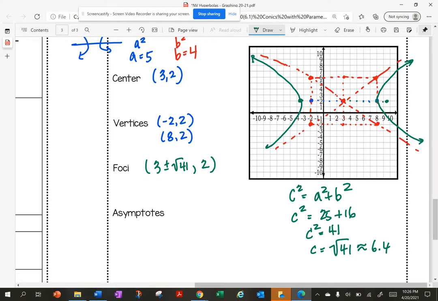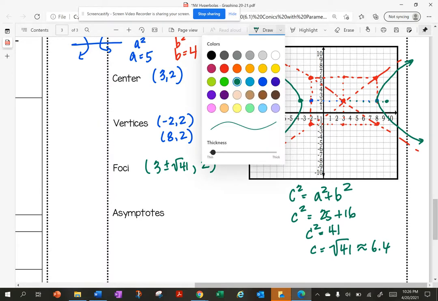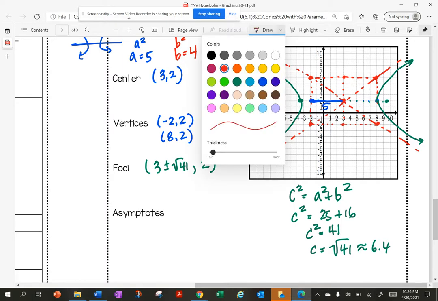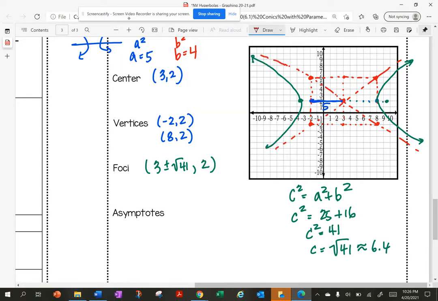And then I want the equation of the asymptotes. So we said A is 5. So on here, A is 5. So from here to here is 5. And b is 4. So rise over run. So we're going to substitute in.